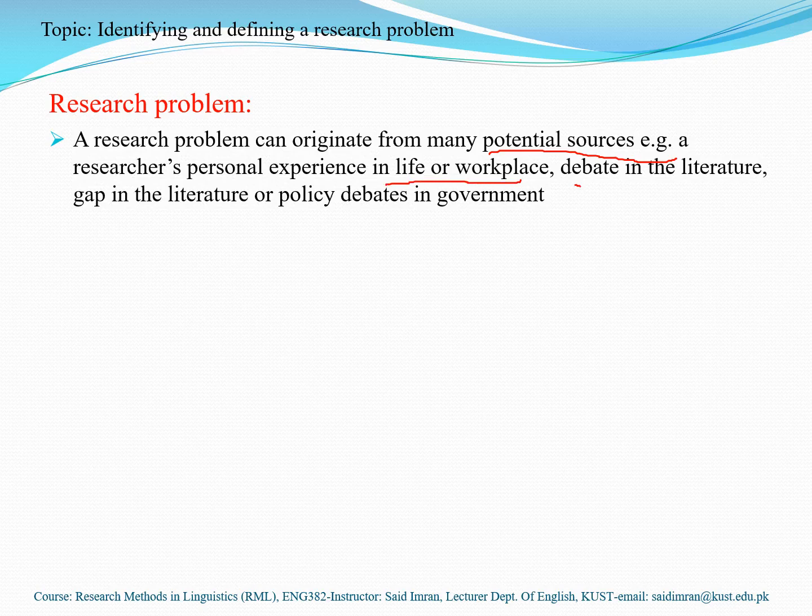There might be a debate in the literature which causes a researcher to carry out research and fill the gap in the literature. Or sometimes there is a policy debate in government. So in order to address the issue at hand, the researcher would start conducting research in order to address that issue, serve the government, and formulate policy for the said purpose.